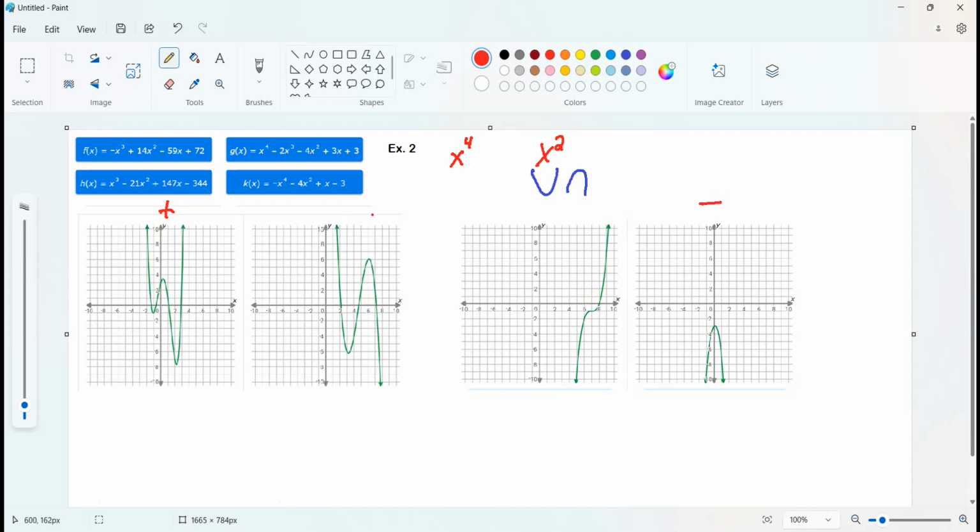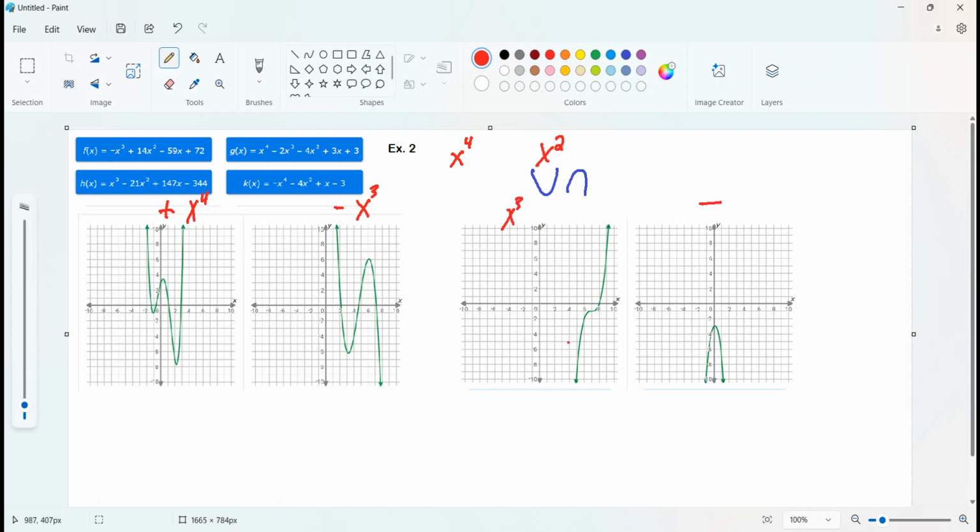All right. So what else do we see here? And this one is an x to the third, a cubic. If you start at the left side of the graph, it's going down, down, down, down. So it's a negative. This is an x to the fourth. I'm just looking at all the clues here. Sorry, I'm jumping all over the place. This one, as we said, is an x to the third.